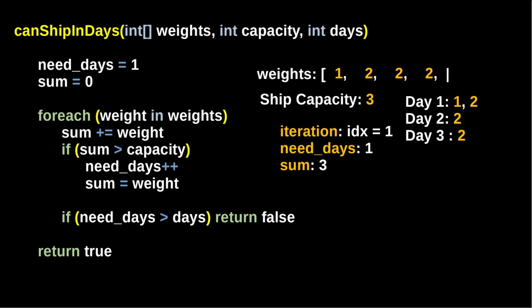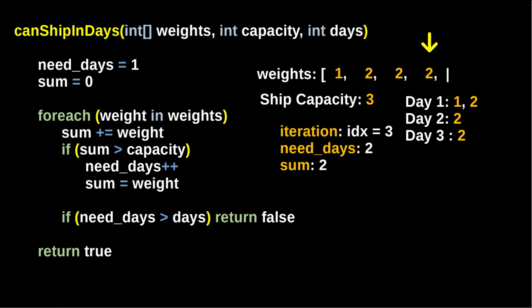And then in the third iteration, the sum is equal to 5. Now here, you will trip the if statement, because now the sum is greater than the ship capacity. We will increment the needDays parameter. So needDays becomes 2, and then now the sum is 2 because we are at this iteration.